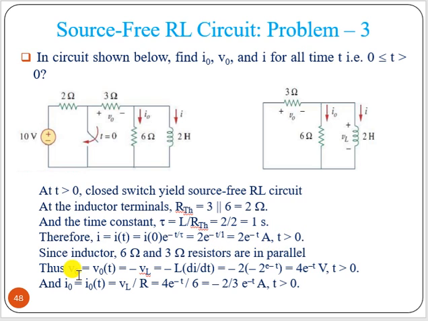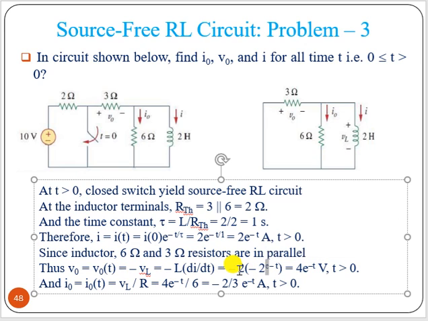For t greater than 0, since the inductor, 6 ohm and 3 ohm resistor are in parallel, this voltage will be the same. Then we can find out the voltage across the inductor. That will be the voltage across the 6 ohm. So the voltage across the inductor we can write as VL equals L di dt.